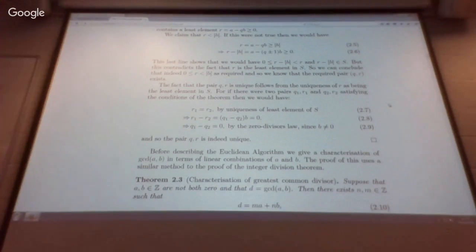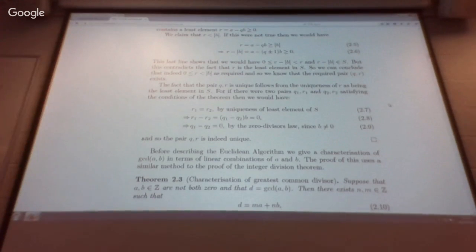The floor of x is by definition the largest integer y less than or equal to x. That's the kind of integer support of x: the last integer before you get to x on the number line.